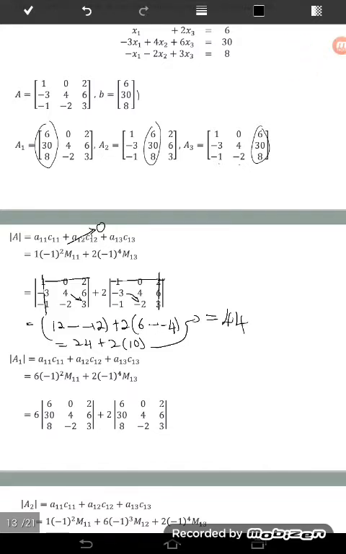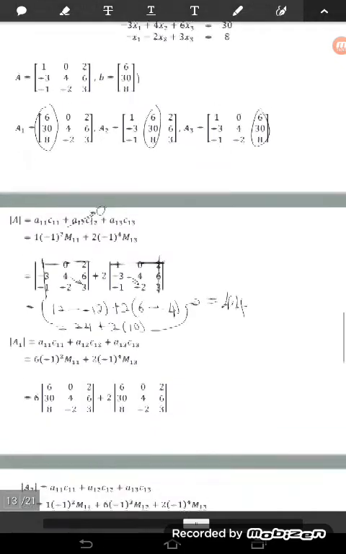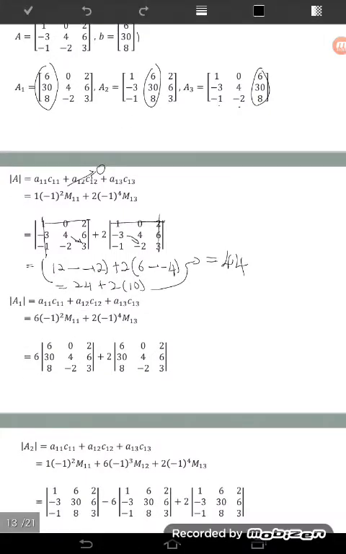Okay, so next calculate the determinant of matrix A1. Okay, so for matrix A1, I still choose the first row because we have 0 here. So we have 6 times its cofactor which is negative 1 power of 2, so C11, 1 plus 1, and minor 11. Okay, and then plus.